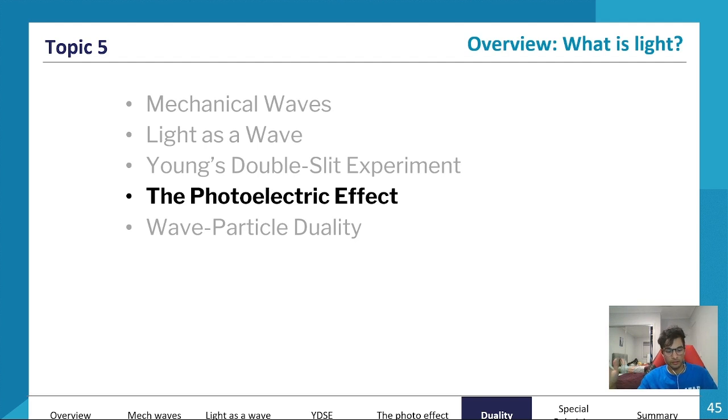The next thing that happened was that some scientists were not very happy because, again, this was a time when light was believed to be a particle. And so the next advancement in physics was this thing called the photoelectric effect.